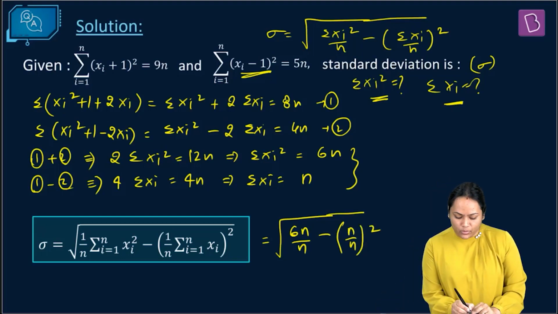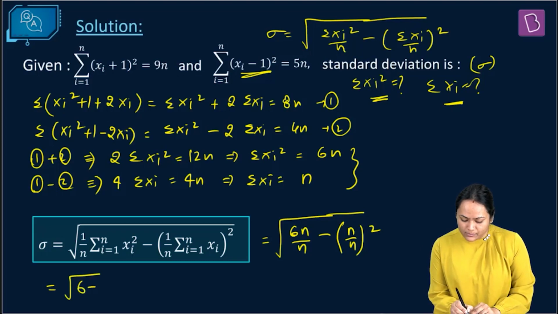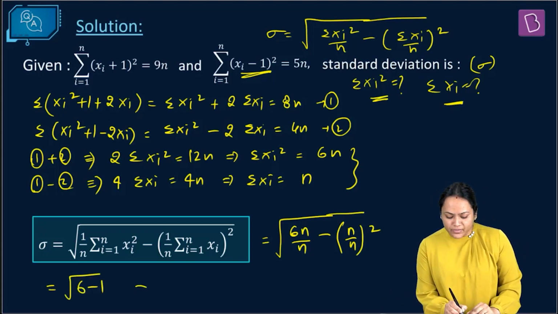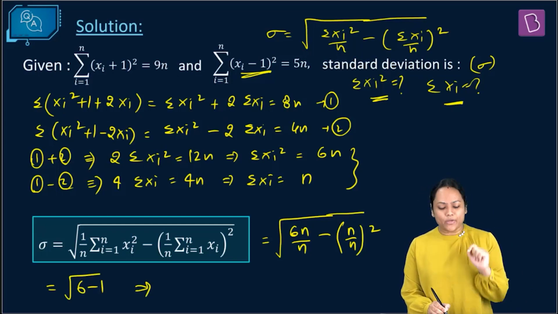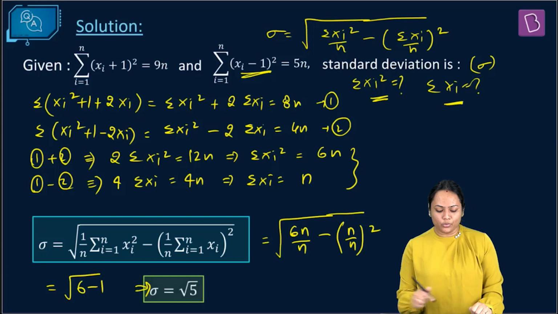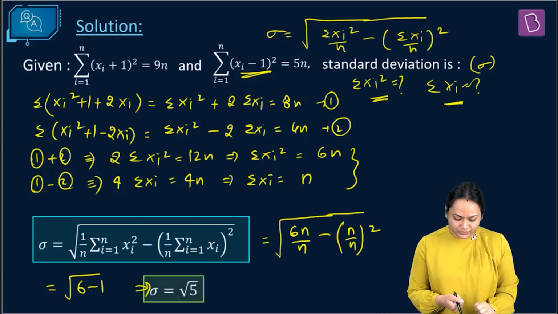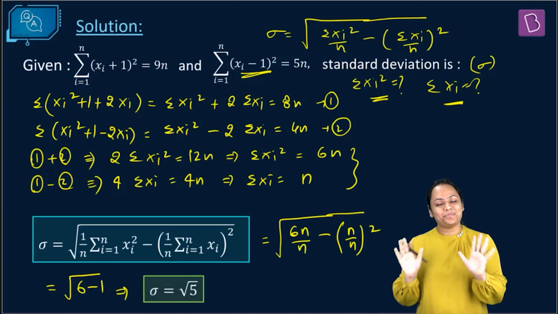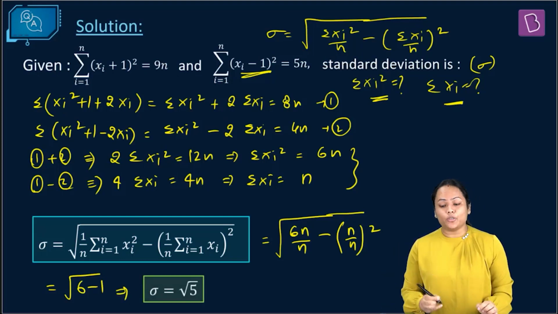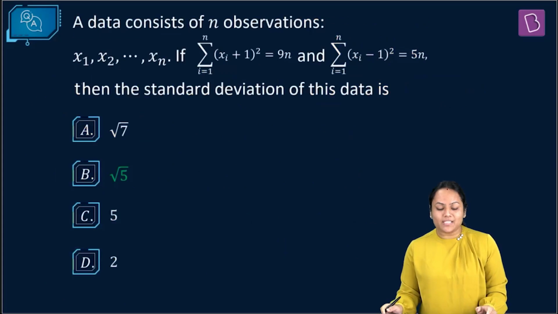And when you solve this out, it's going to become root over 6 minus 1. Or I can finally say that my standard deviation in this question is root over 5. Is this clear? Perfect. And now if we look at the options, we can say that the answer will be B.